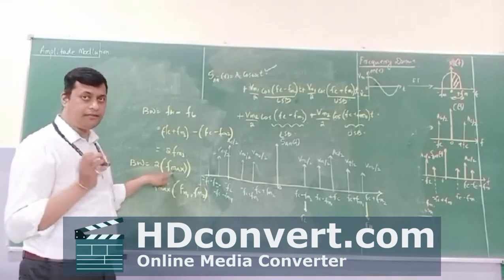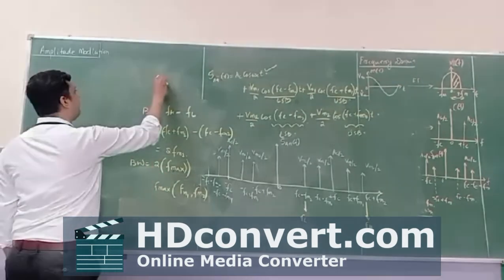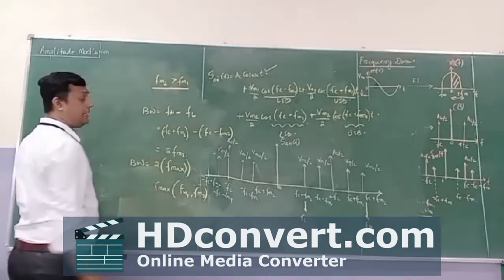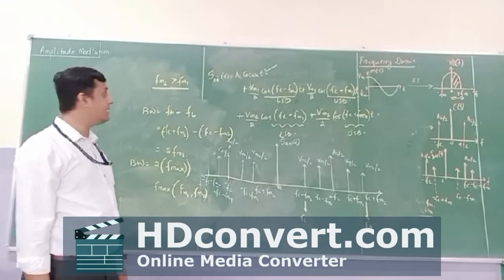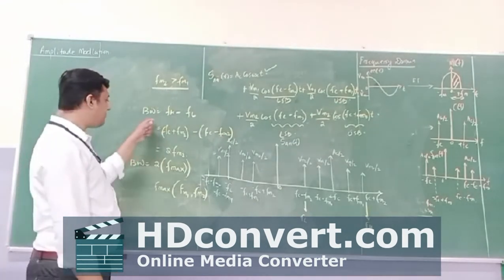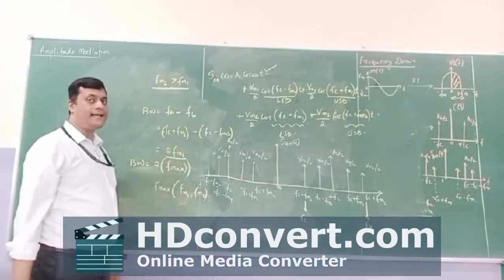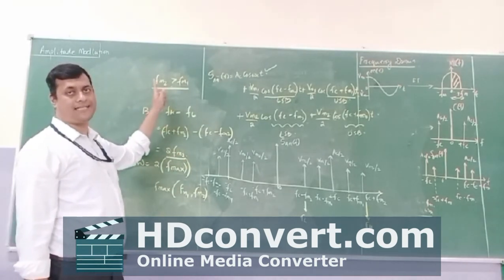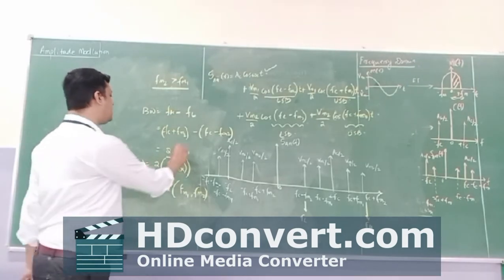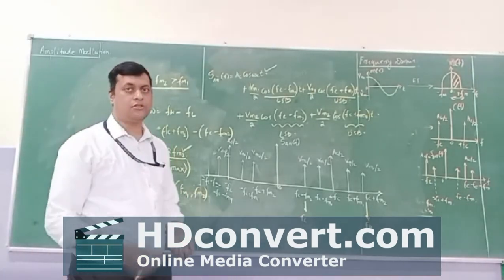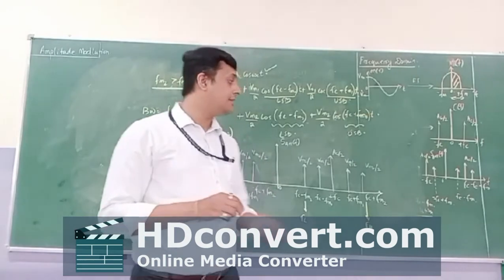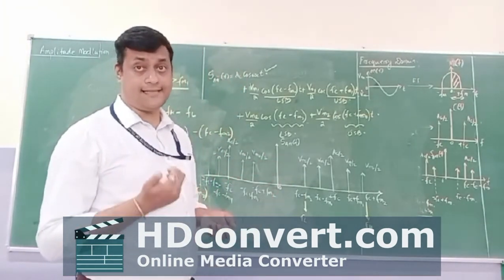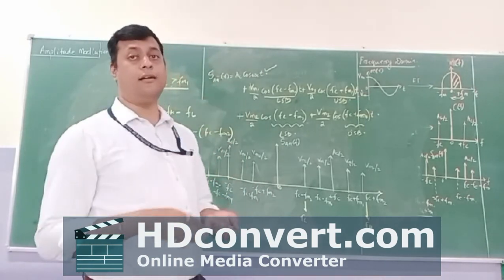As we have considered that FM2 is greater than FM1, my bandwidth will be twice FM2, because out of these two, FM2 is maximum. So with the help of this, what happens? Different segments are created, interference is less, and it can be transmitted to a longer distance.